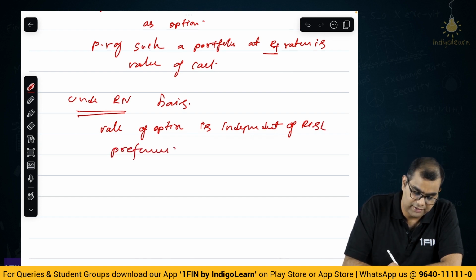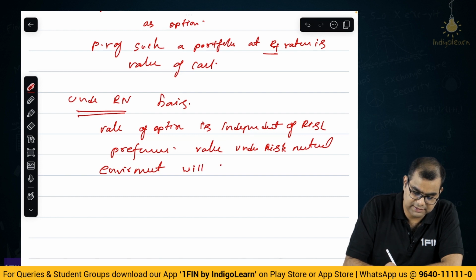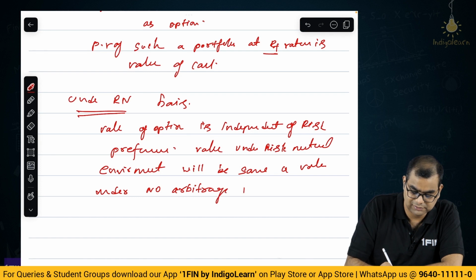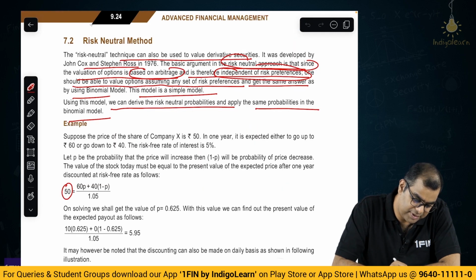Value under a risk neutral environment will be same as value under no arbitrage principle. Okay, principle, not PAL. Okay, no arbitrage principle. Then, okay, get the same answer. It is a simple model.